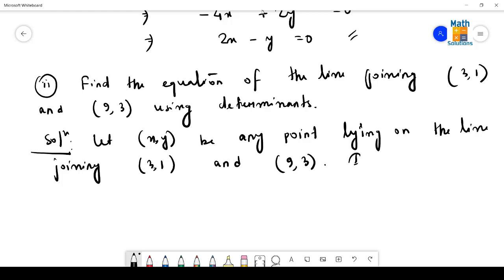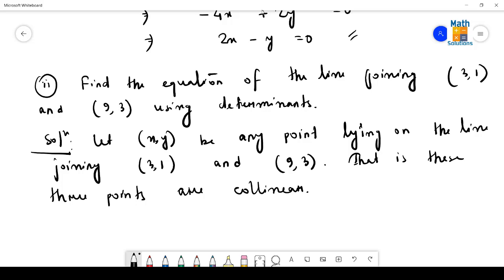That is, these 3 points are collinear. Of course, these 3 points are collinear.